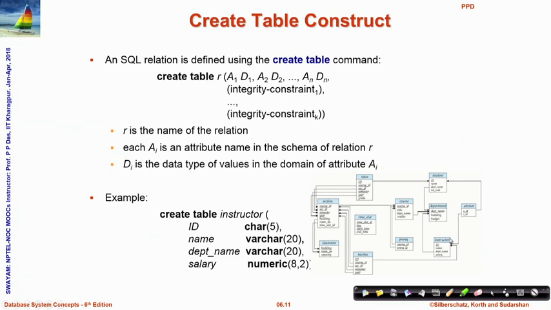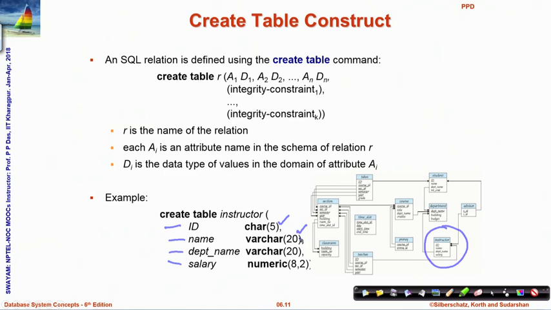So, here is one example. In this we are trying to code the creation of this instructor table. As you can see, it has 4 different fields: ID, name, department name and salary, and for each one we have specified the domain type. So, ID is char 5.